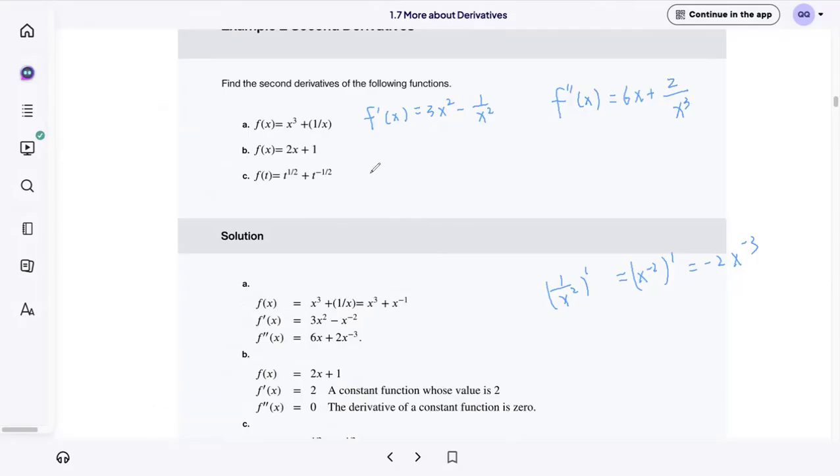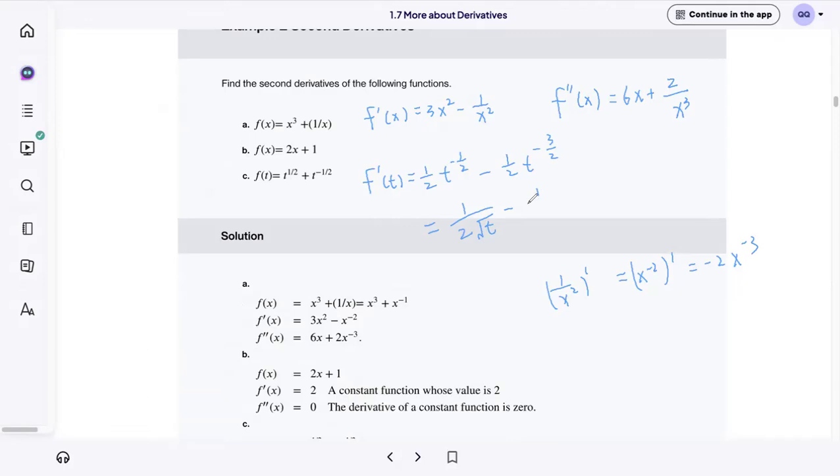Let's see C. The first derivative, in terms of t, is a half of t raised to -1/2 minus half t raised to -1/2 minus 1, which is -3/2. So we simplify this and write 1 over 2 square root of t. T raised to a half is the square root of t, but this is negative.